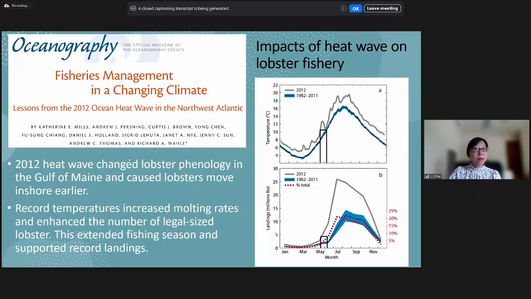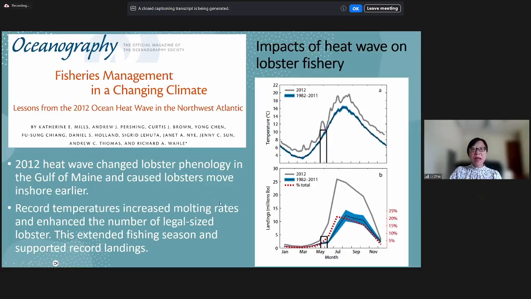The last example is about how the record temperature in 2012 had an opposite impact on the lobster fishery in the Gulf of Maine. The extreme temperatures caused lobsters to move inshore earlier in the spring in the Gulf of Maine.